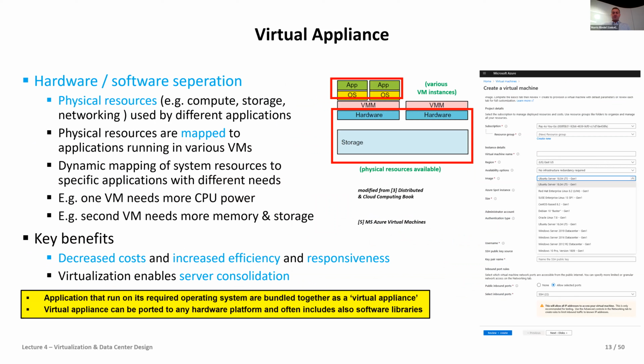Let's talk a bit more about typical terminology, like virtual appliance, so that you know a little bit about what that means. For instance, in MS Azure, there's a part where you can create your virtual appliances and virtual machines. Usually you have to pick an operating system that is already pre-deployed, where you then want to have your application on it. But in basically all clouds, in Amazon, also in Google, you can create virtual machines yourself.